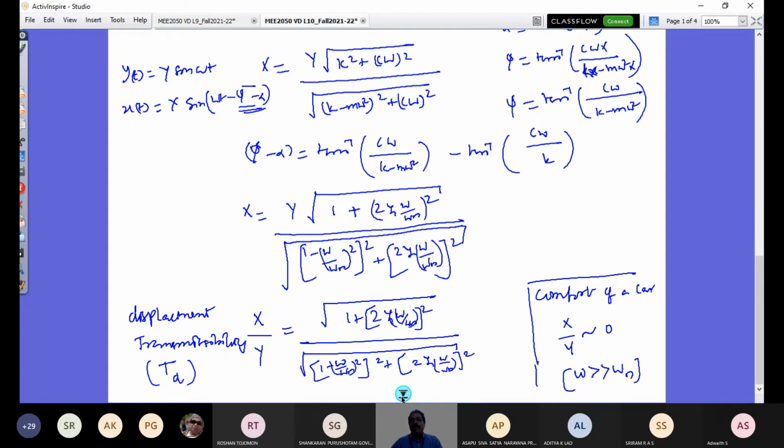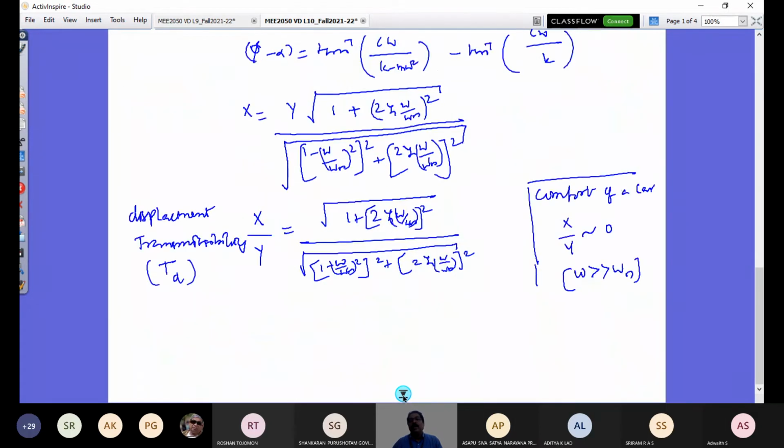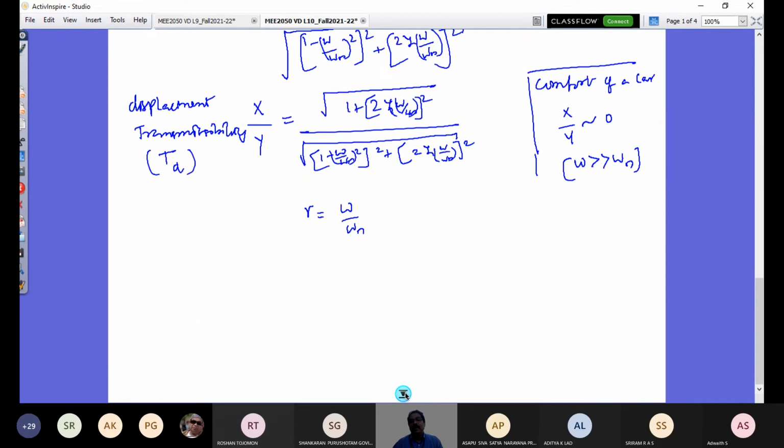You can see in the textbook this omega by omega n is referred to as R. So if we refer to R as the frequency ratio omega by omega n, this equation can be written in a compact form. You have to rewrite this equation many times in your notebook so that you would be very comfortable.